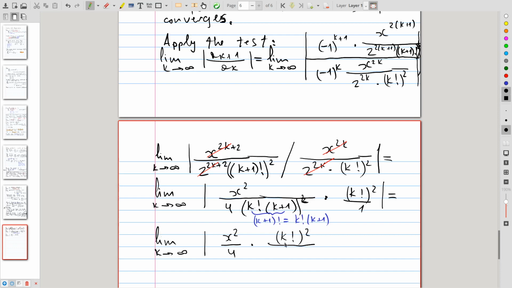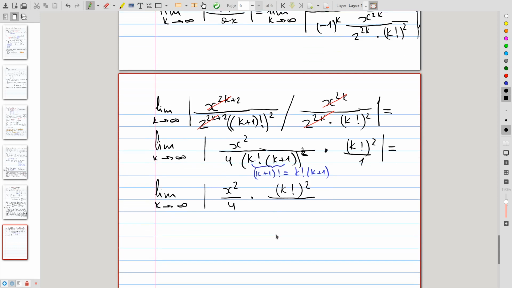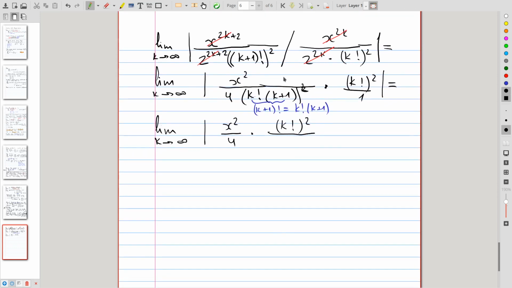So it will be k factorial squared multiplied by k plus 1 squared, right? So here we have product of two factors, k factorial and k plus 1, and it is squared.